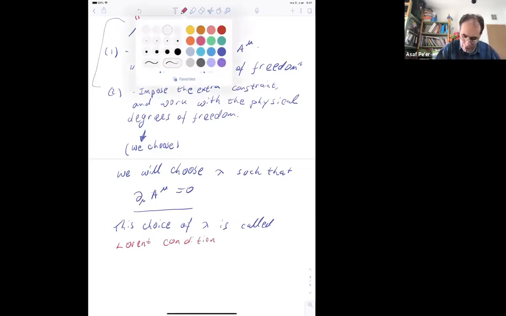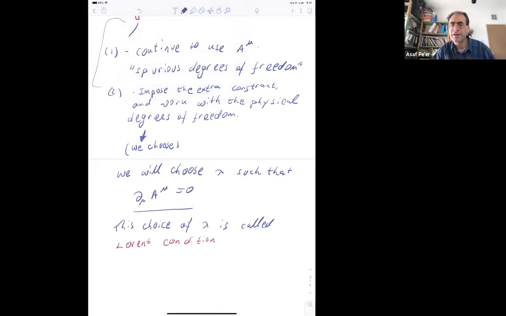In fact, as I'm going to show you in a few minutes, there is more than a single choice of lambda that will fulfill the Lorentz condition, right?